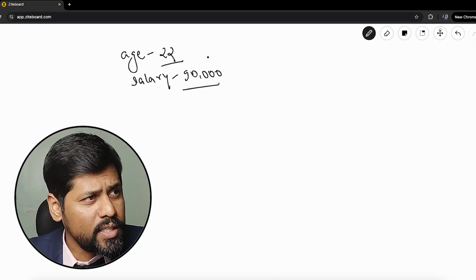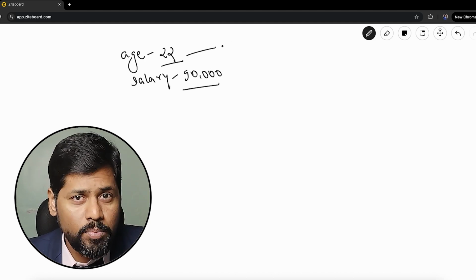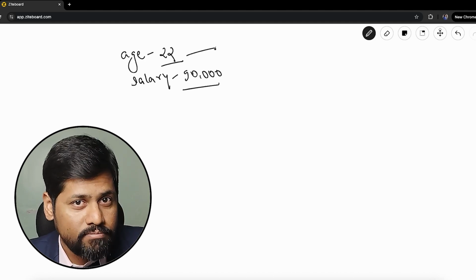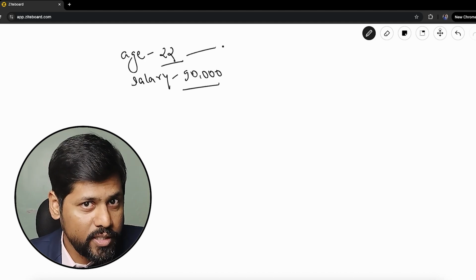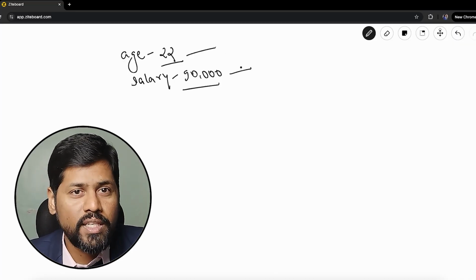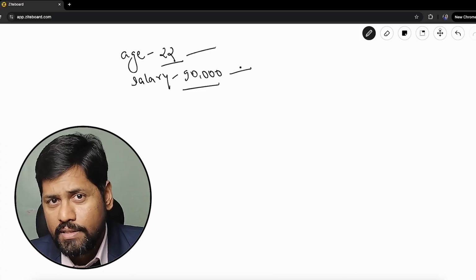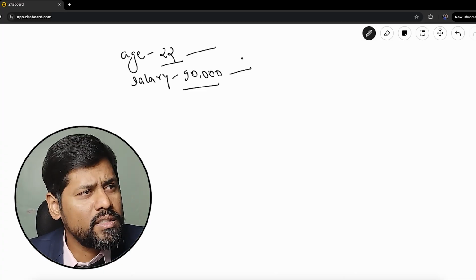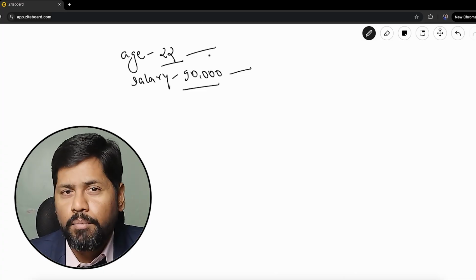But when a model sees 22, it doesn't know whether it's an age, or a young age or an old age. When a model sees 90,000, it doesn't know that it's a salary, a good salary or a bad salary. A model just sees a number as a number.